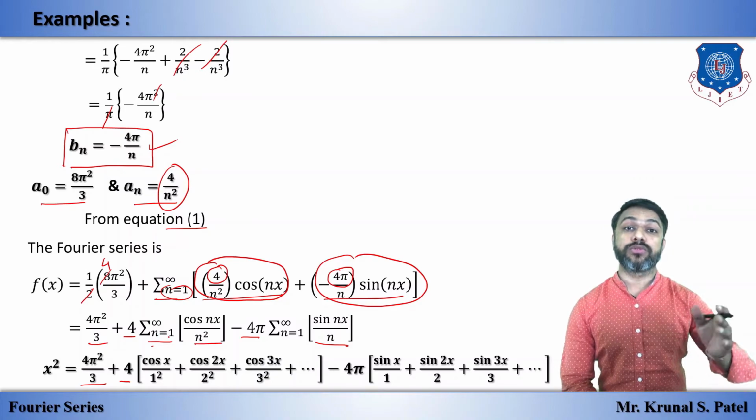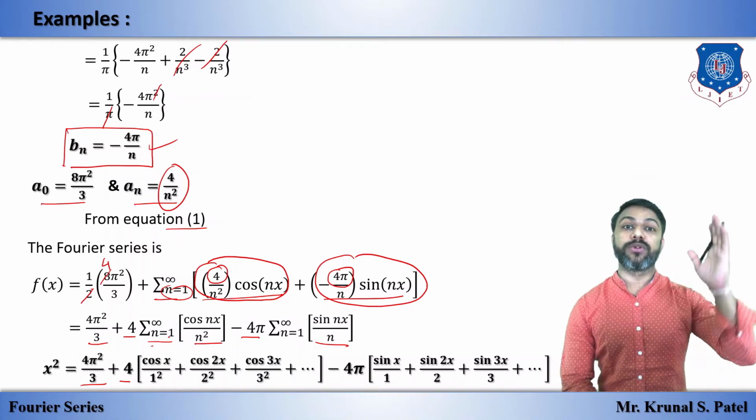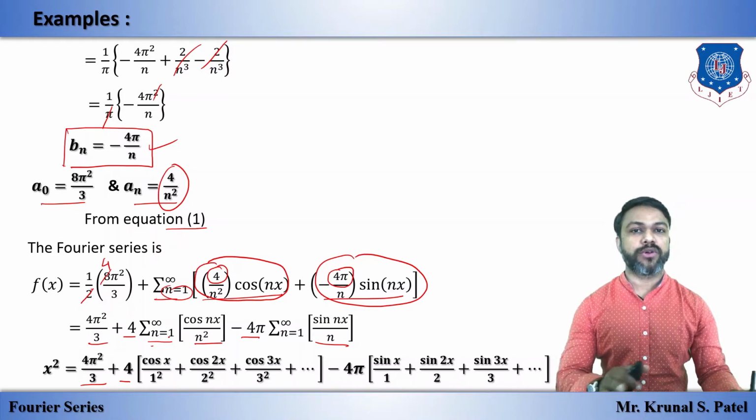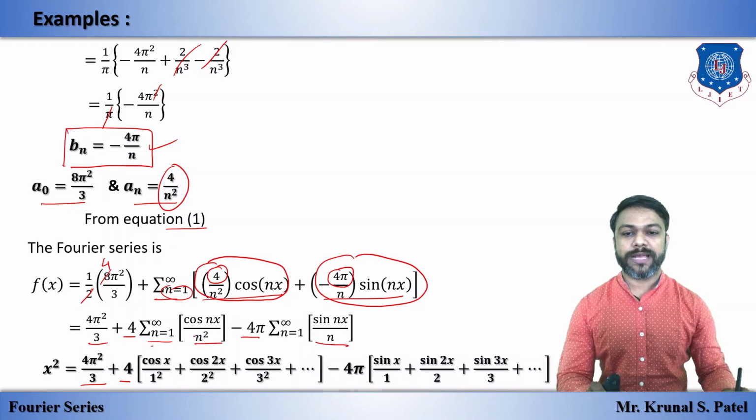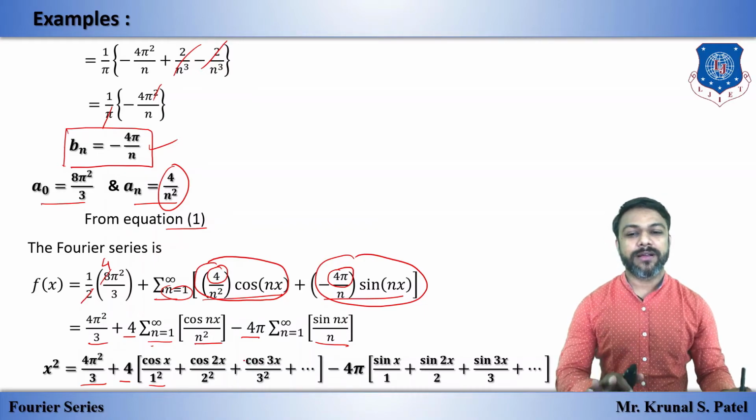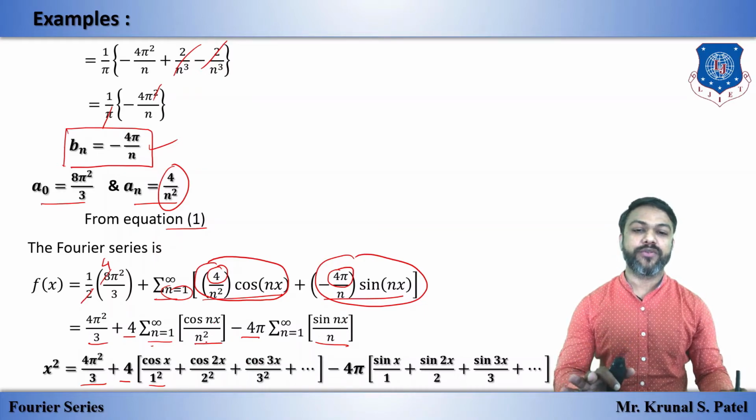That means 1, 2, 3, 4, 5, 6, 7 up to infinity, but we will put only the starting 3 or 4 values. So if we put n equal to 1, so cos 1x, that means cos x by 1 square. If we put 2, so cos 2x by 2 square, cos 3x by 3 square. This is x, not pi. So we don't have the value of cos 2x, cos 3x, we just have to replace the value of n.